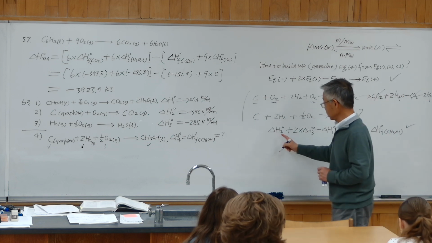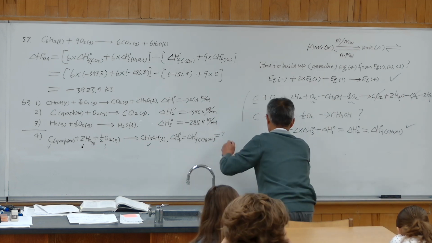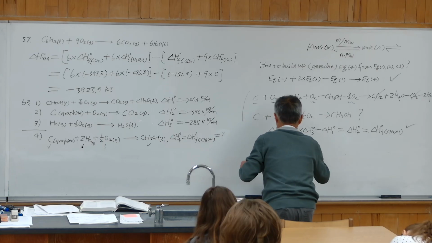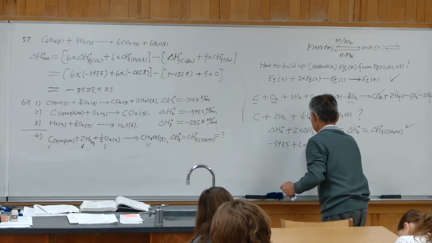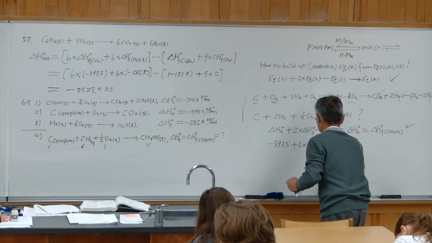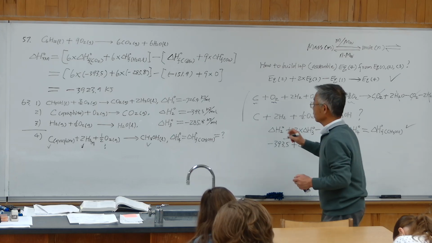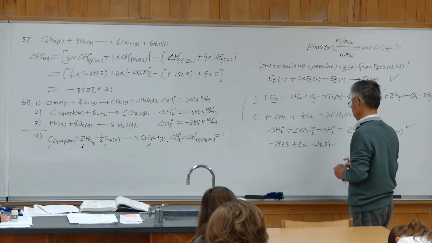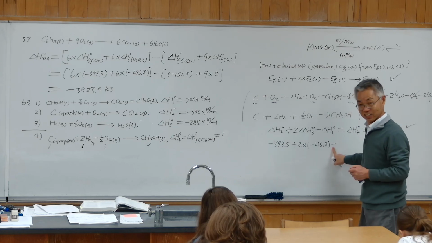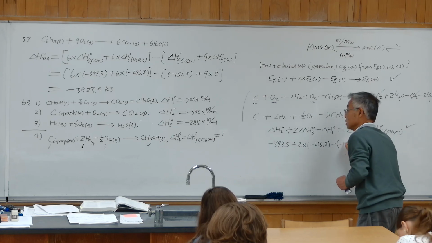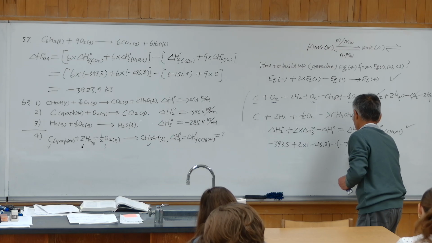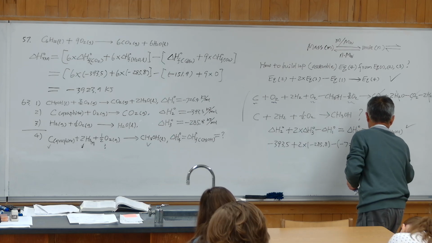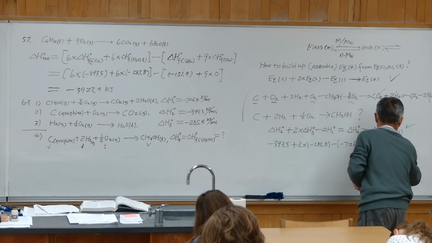Okay. Delta H2, negative 393.5. Delta H3, negative 285.8. Delta H1, negative, be careful, this is minus negative 726.4. This is the standard enthalpy of formation of CH3OH.